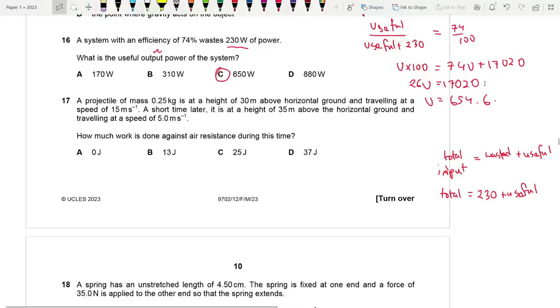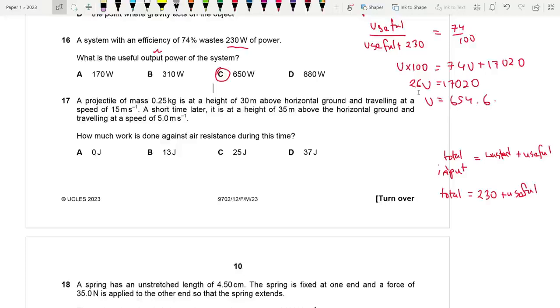Basically, it is traveling at a speed of 15 meters per second. A short time later, it is at a height of 35 meters above the horizontal ground and traveling at a speed of 5 meters per second. How much work is done against air resistance during this time?